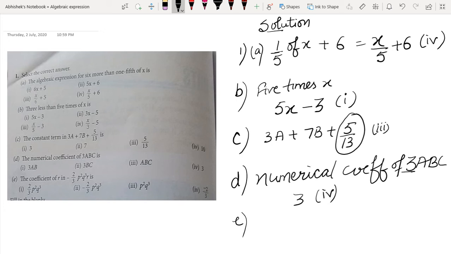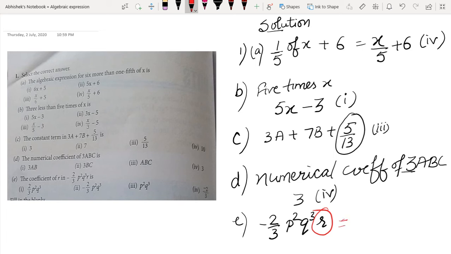Look at E part. The coefficient of r in minus 2 by 3 p square q cube r. We want to find the coefficient of r. Whatever appears with r, we will write all.